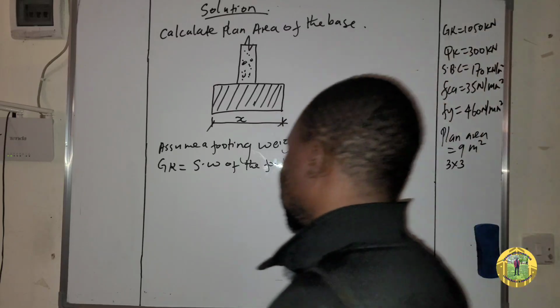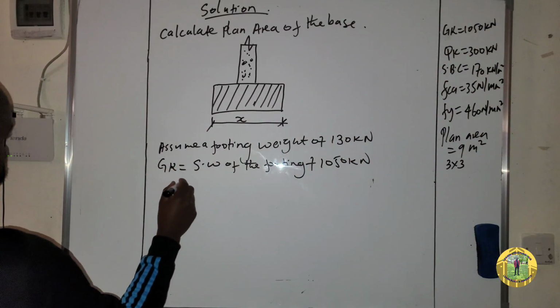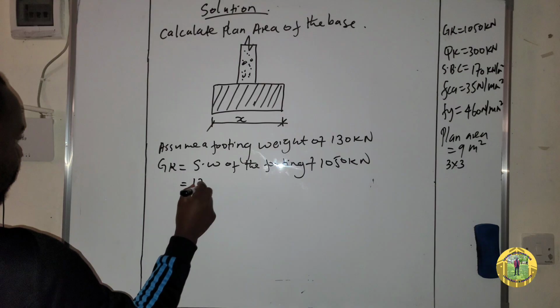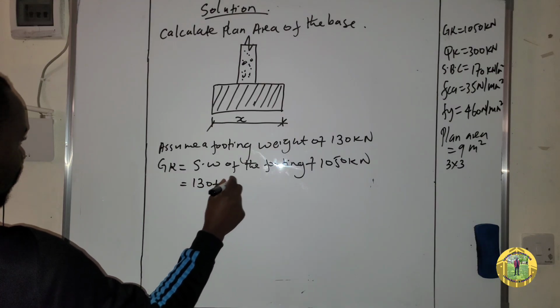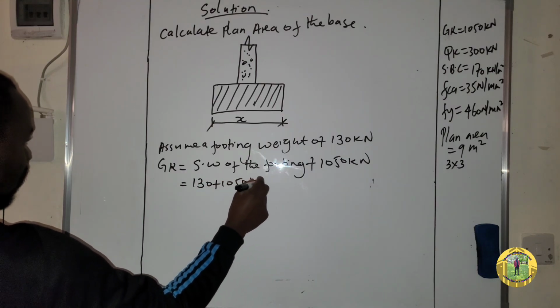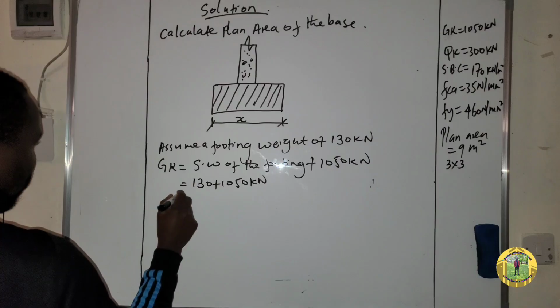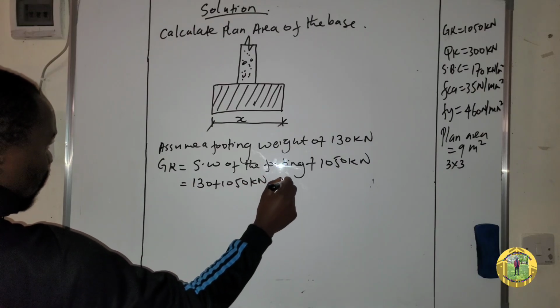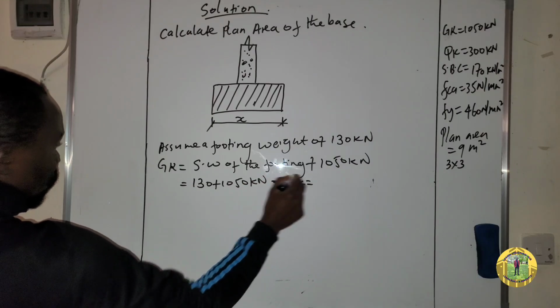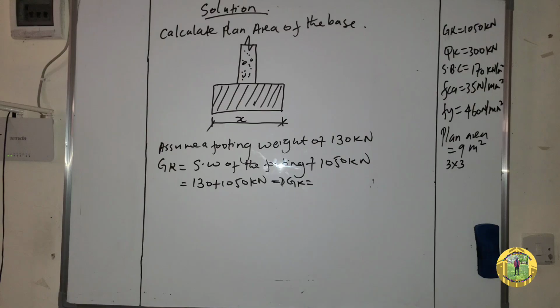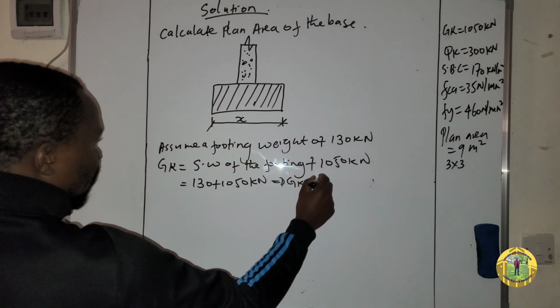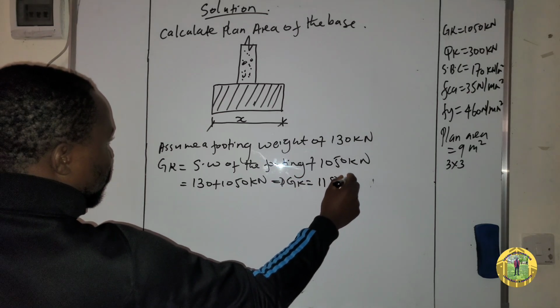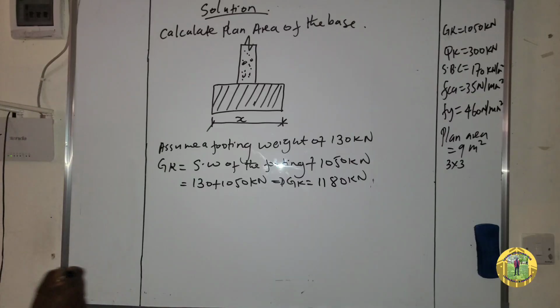Like that. So this one is equal to 130 plus 1050 kilonewton, which implies GK is equal to 1180 kilonewton. This is 1180 kilonewton.